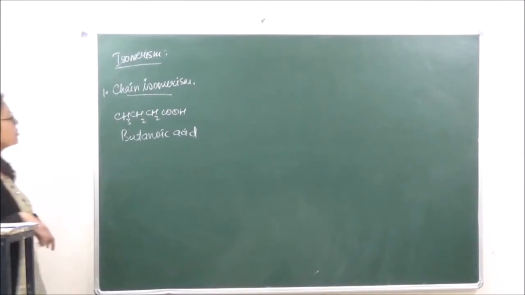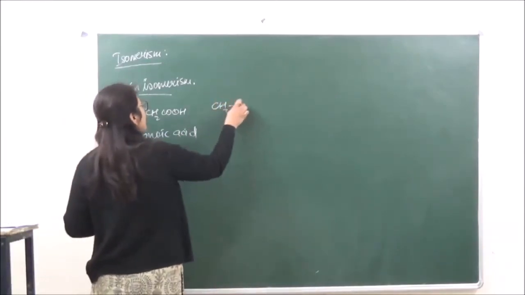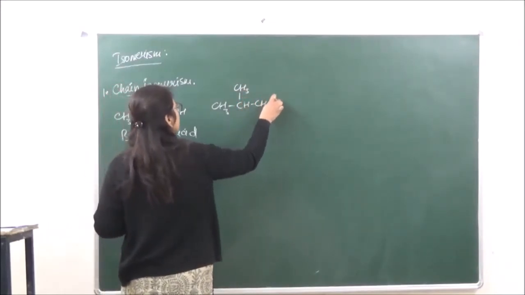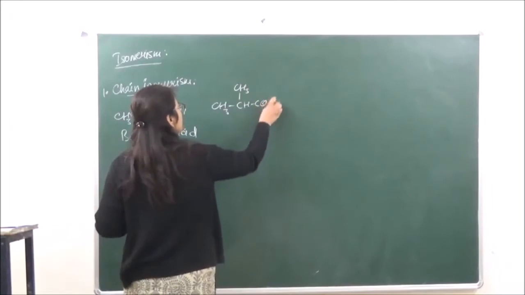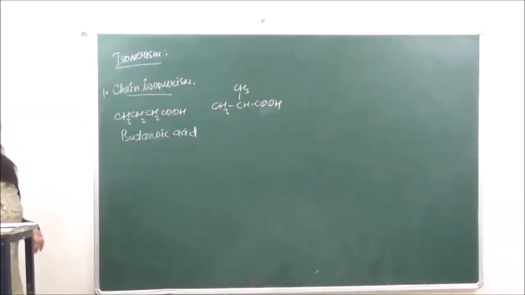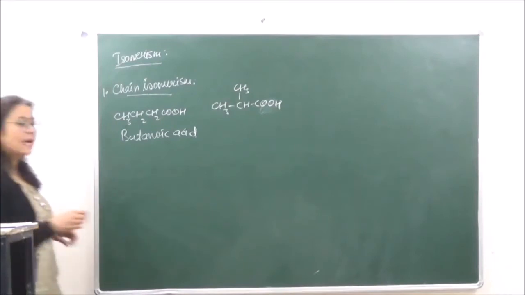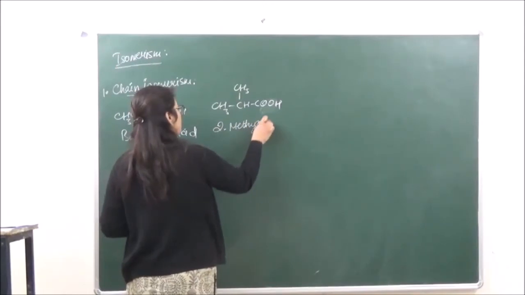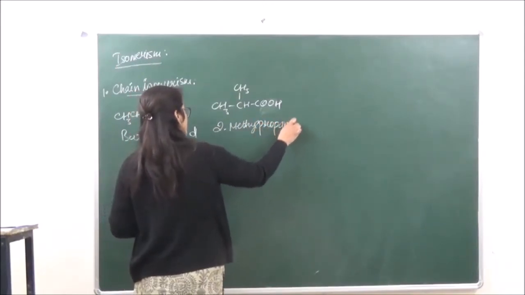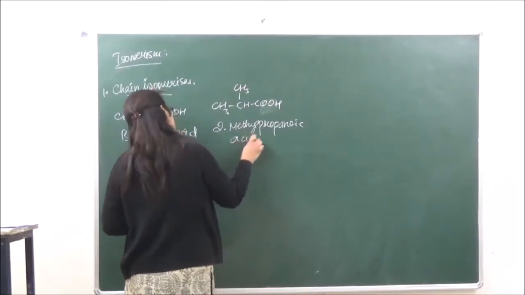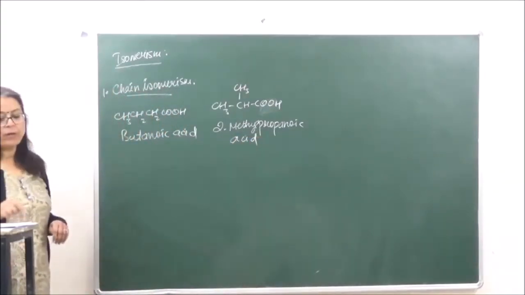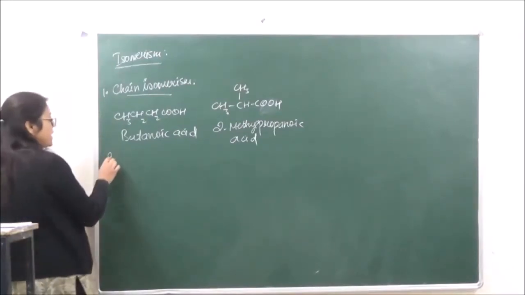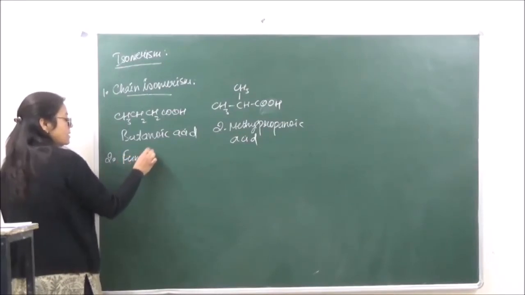Now if the chain is different, the compound will become this, which is going to be known as 2-methylpropanoic acid, right?